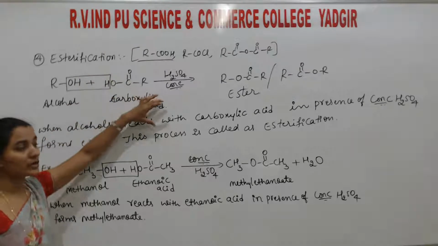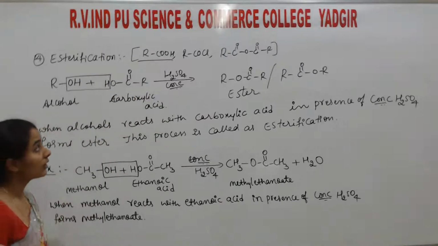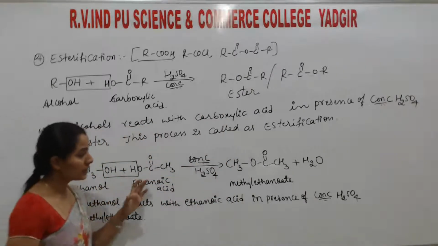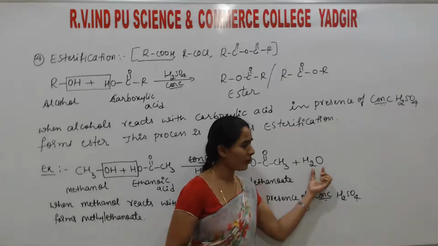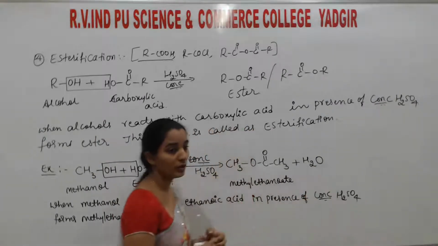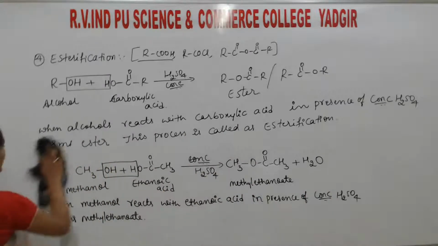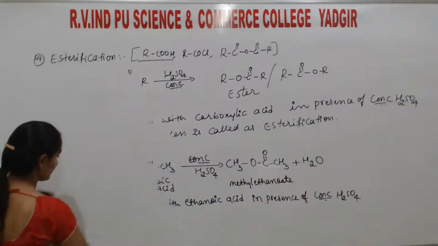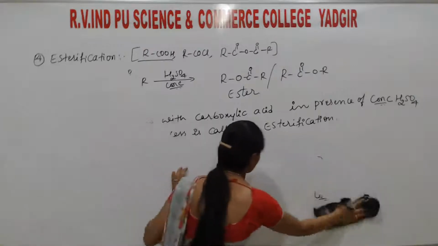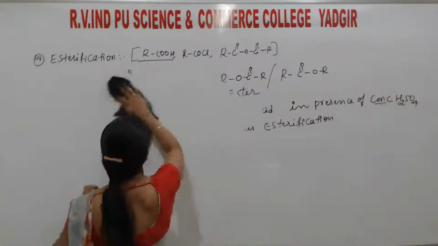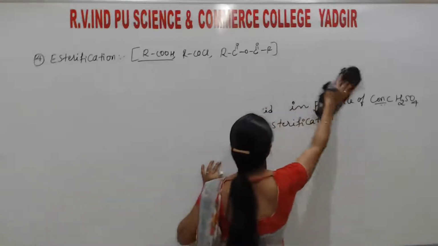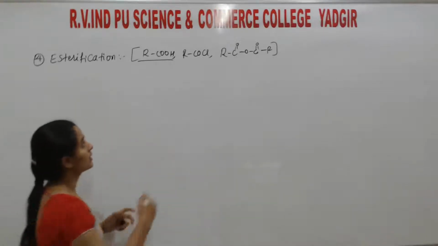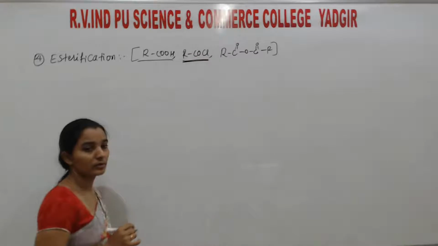That was when we use carboxylic acid as a reagent. Another two are there: acid chloride and acid anhydride. Remember, the byproduct obtained from the carboxylic acid reaction is H2O. Next, consider acid chloride.